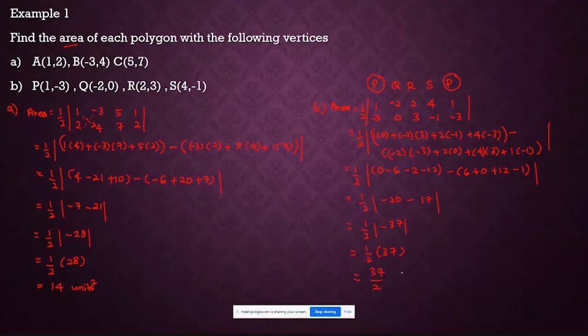Area equal to 37 over 2 units square. So you can write in fraction form or you can write in decimal form, 18.5, also accepted method in control.